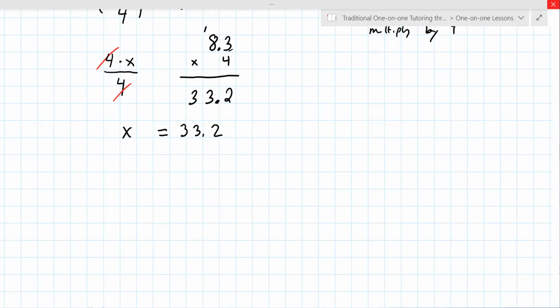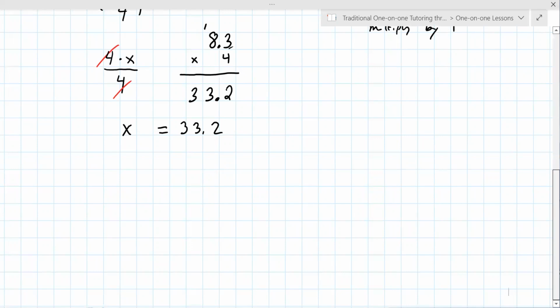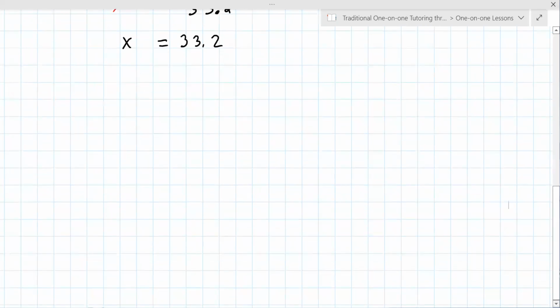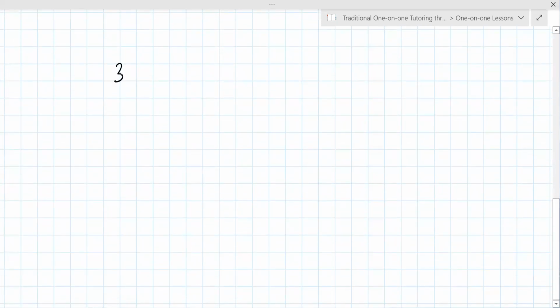It's okay. Okay. The area of the floor in Devin's room is 35.7 square meters. The width is 4.2 meters. What is the length of the bedroom?